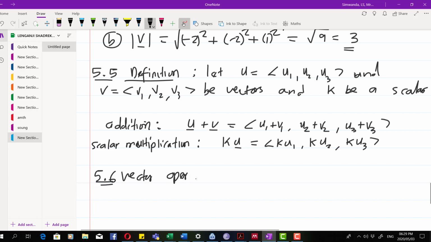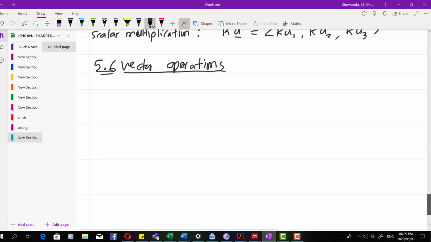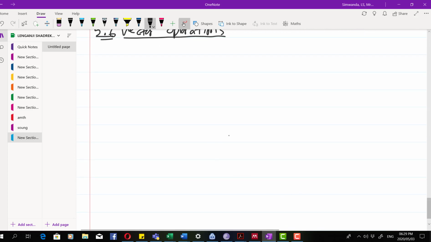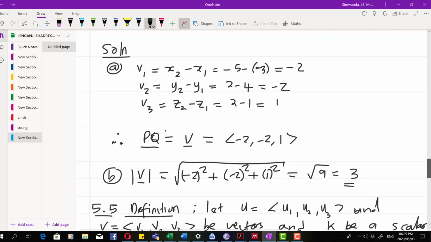5.6, vector operations. So just a few rules on vector operations. I'll let you underline to show that they're vectors.